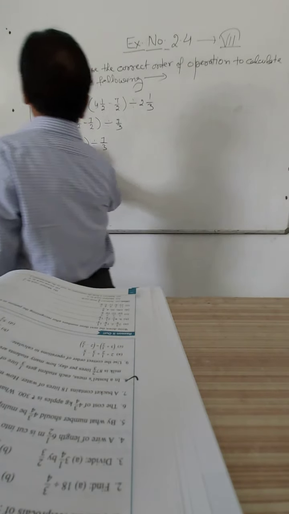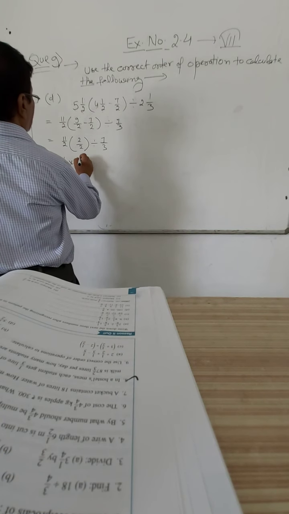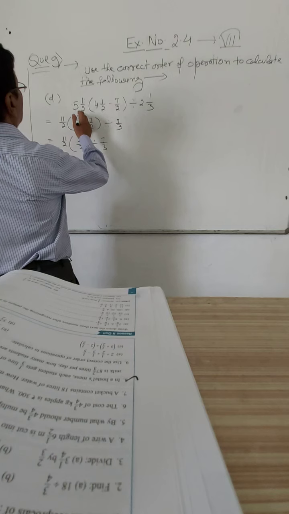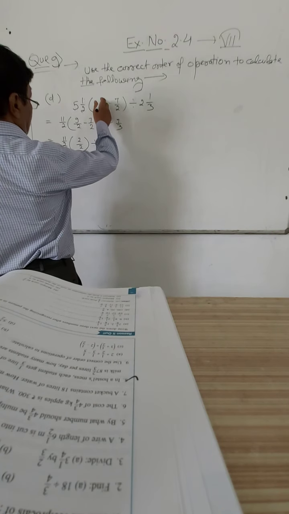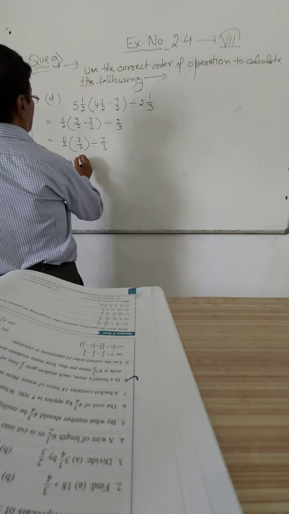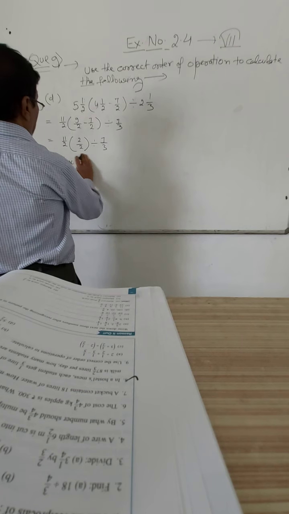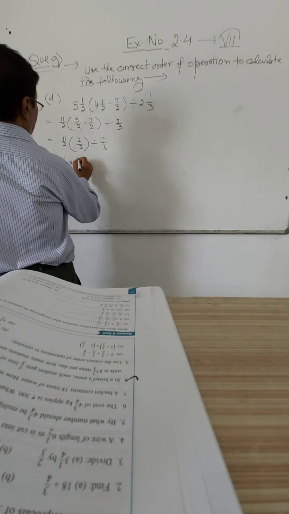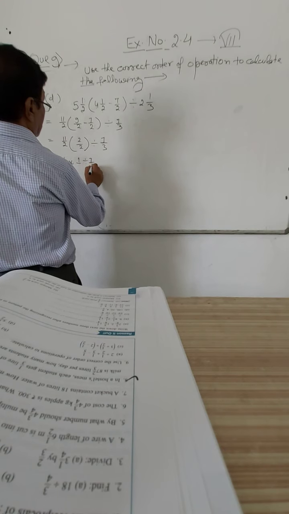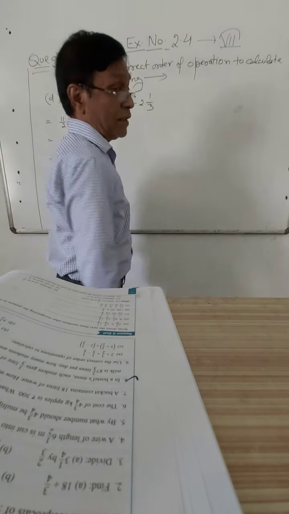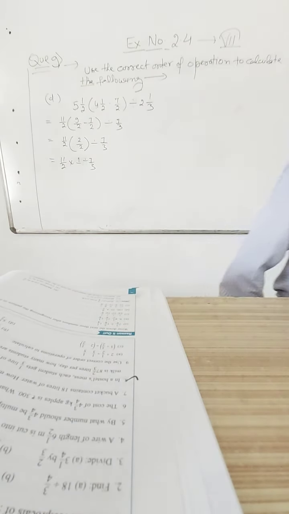So this is 11 by 2 multiplied by 2 by 2, which becomes 1, divided by 7 by 3. Now ultimately it has become a question of multiplication and division.